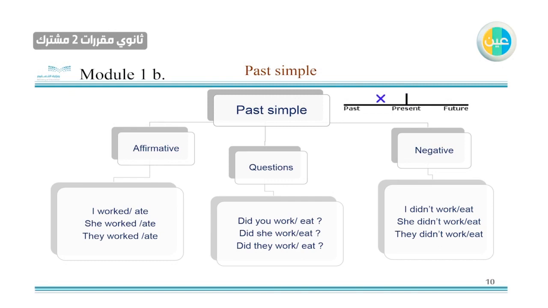Now, when you make a negative or question, you have to think about the verb before we start. Here you have regular verbs, where you add -ed, and irregular verbs, where you have to use the list of irregular verbs.